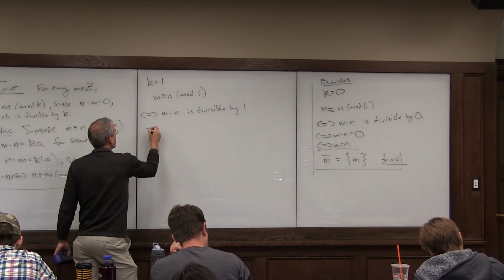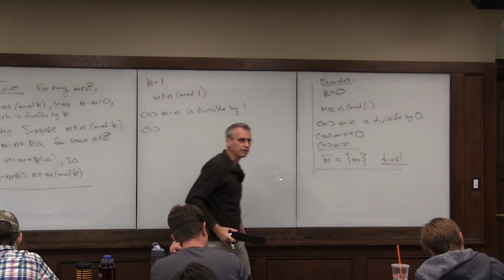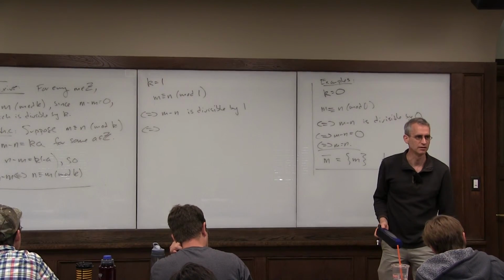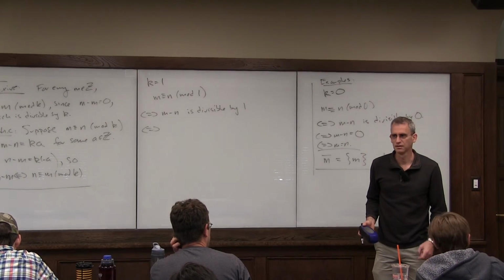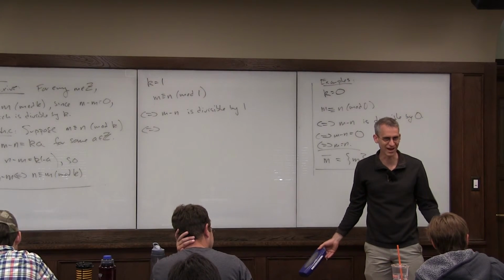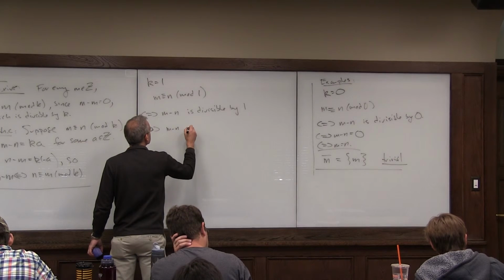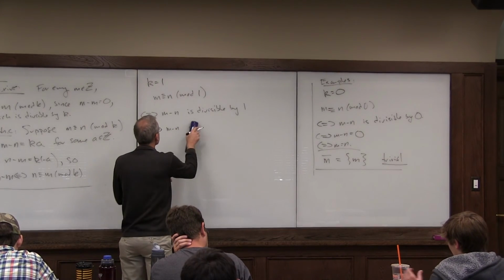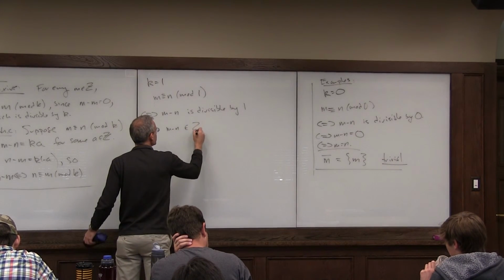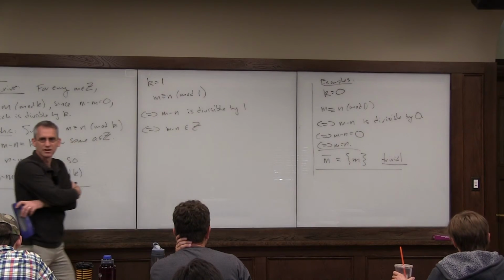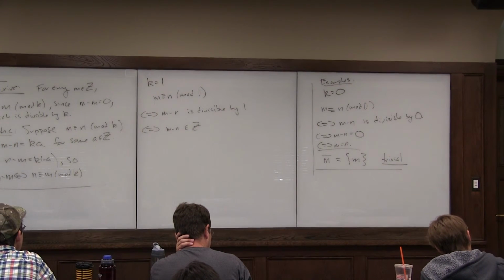And how many things are divisible by 1? Everything, okay? m minus n is basically an integer, because every integer is divisible by 1.